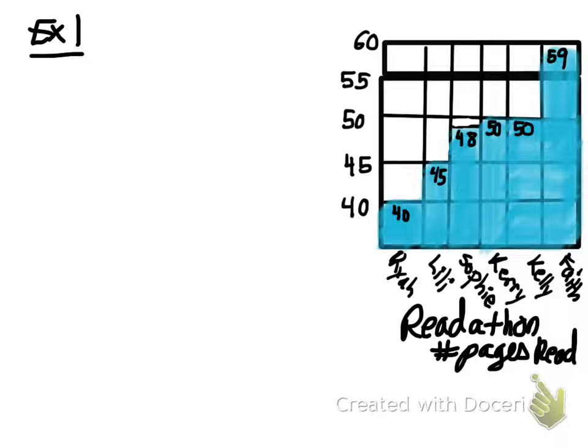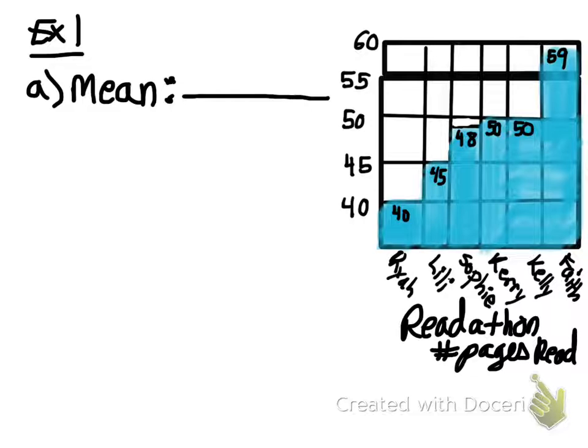So we're going to find the average number of pages read. So we're going to find the mean. The mean of this data set, we're going to add up our total number, the sum of the data values, divided by the number of data values.